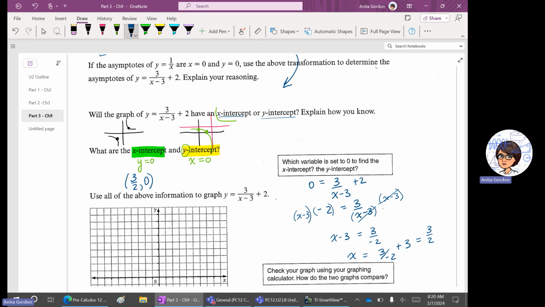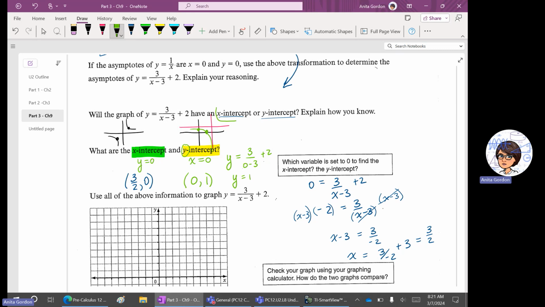Yes, perfect. Okay, and then to find my y-intercept, this one's going to be a slightly shorter equation. I'm going to have y equals 3 over 0 minus 3, plus 2. Well, 3 over negative 3 gives me negative 1, plus 2, so y equals 1. So my y-intercept is at 0, 1.